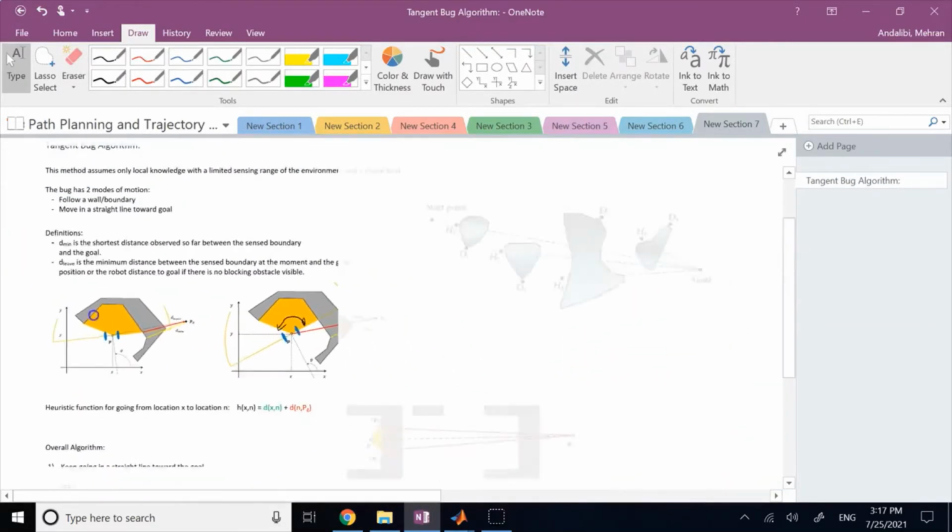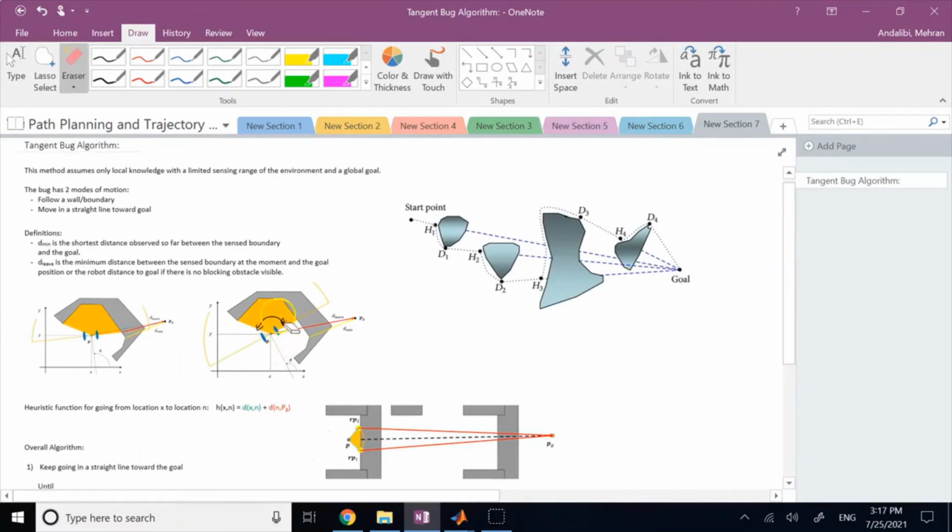Well, d minimum is the minimum distance you have observed so far on the boundary, the minimum distance on the boundary that you have sensed so far, not the entire boundary, only the part of the boundary that you had the chance to sense.